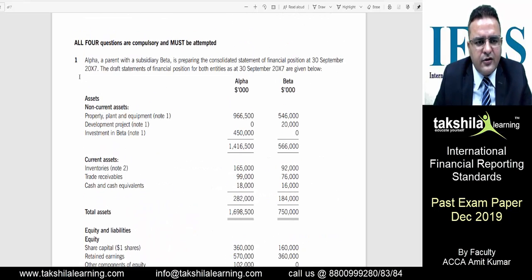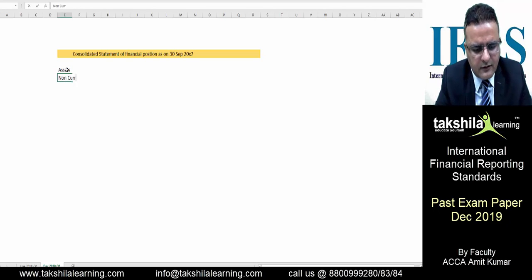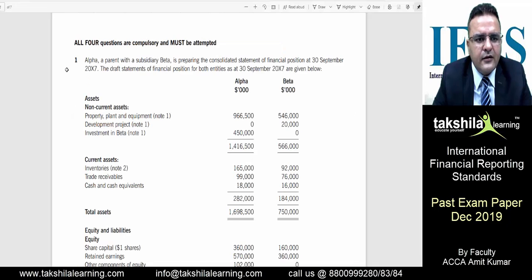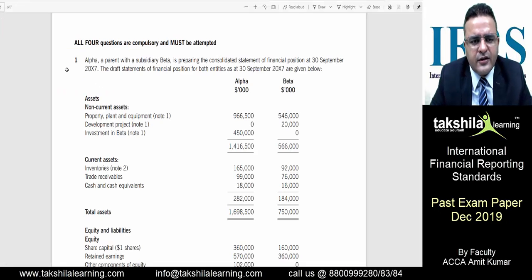There are assets, non-current assets, property, plant and equipment. The line items which exist as part of the balance sheet will definitely appear as part of the consolidated balance sheet.